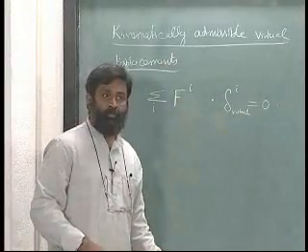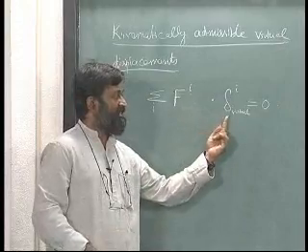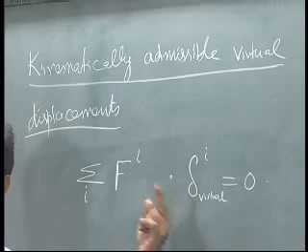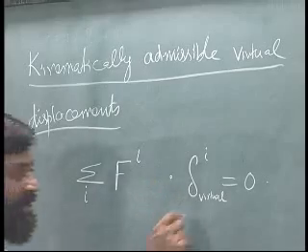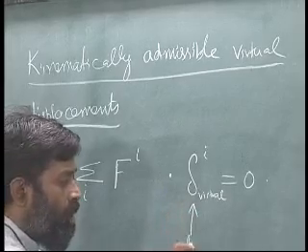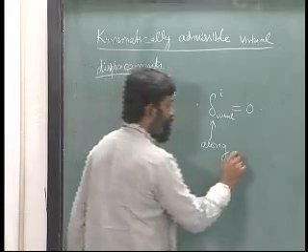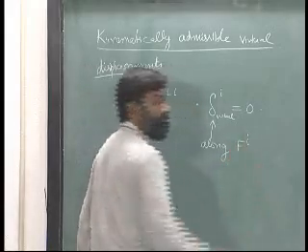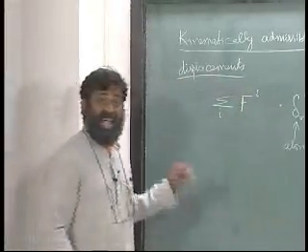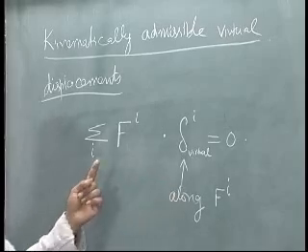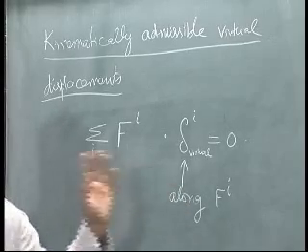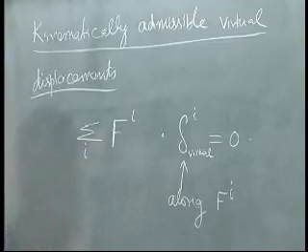One important thing to note is, what is this virtual displacement? This virtual displacement is along the appropriate force Fi, along the direction of Fi, and it has to have a positive notion. That is something you have to remember.